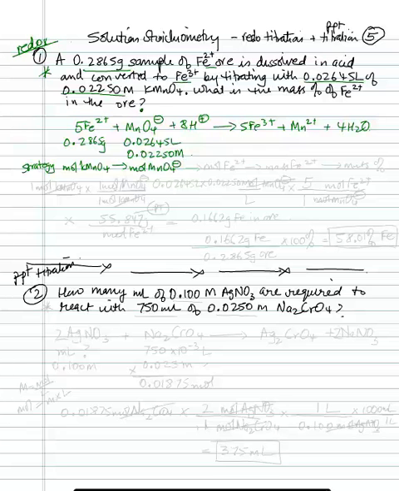We still have to start with the molarity of KMnO4 because that's what's given to us, and then we'll go to moles of iron 2+ because that's what the question is asking, and then to mass of iron 2+, and from there we go to mass percent. That's our strategy. So moles of KMnO4.